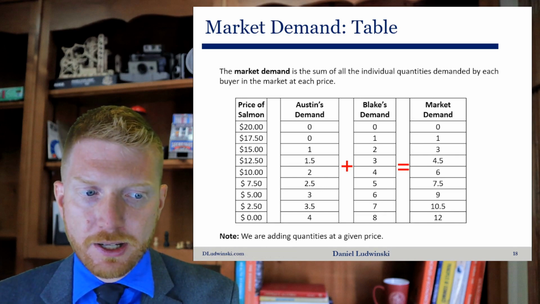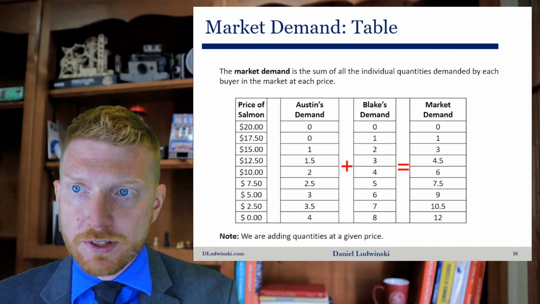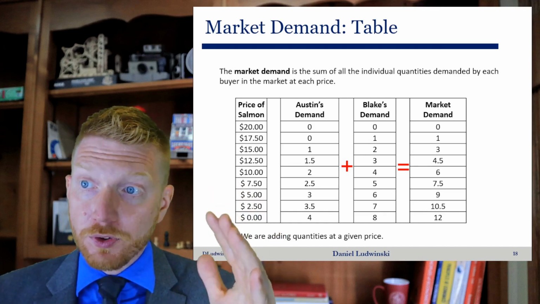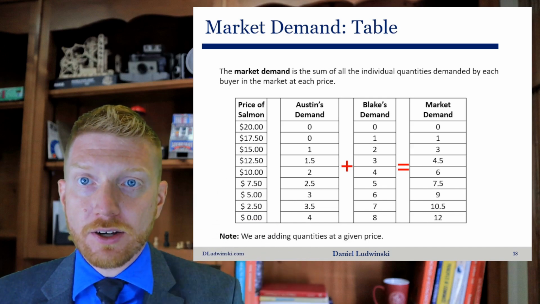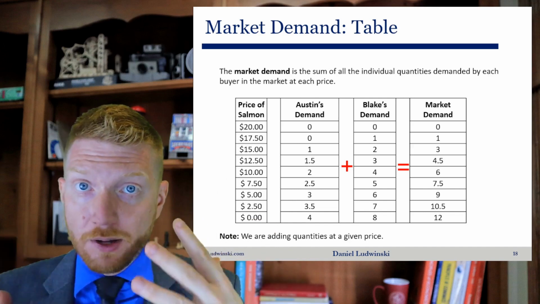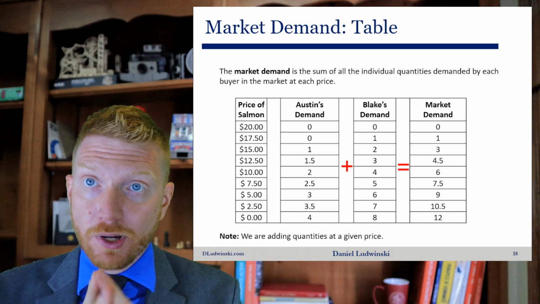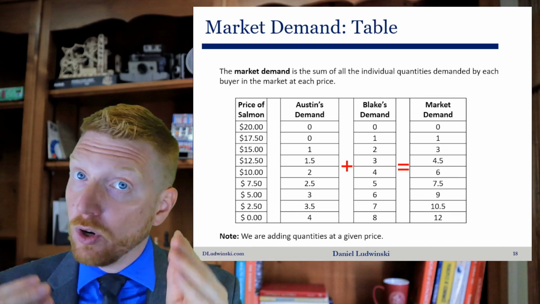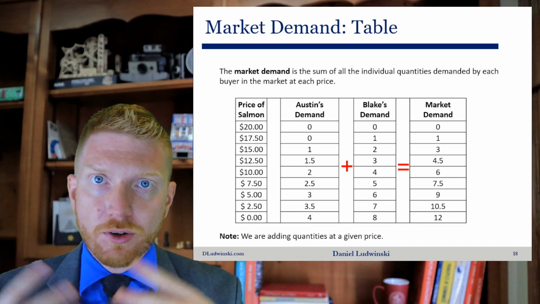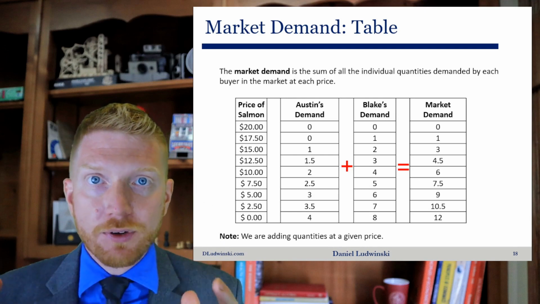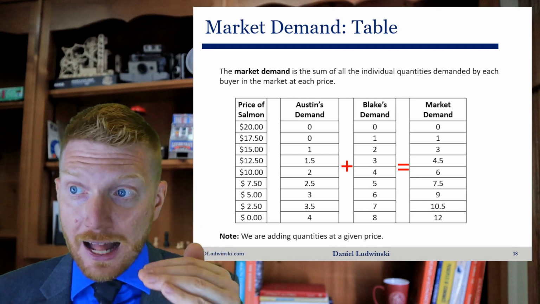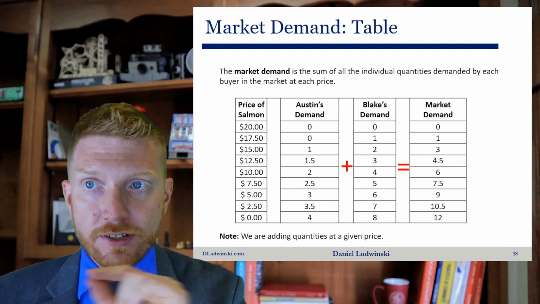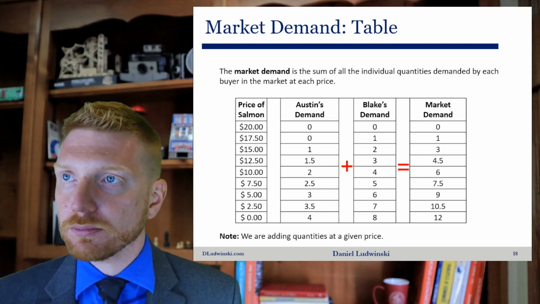So that market demand at a price of 10 would be 6. And so what we're doing is adding quantities at a given price. You always want to make sure when you're combining demand in this way, going from individuals to markets, or combining markets, say from counties to the state level, that at particular prices you're combining those quantities.